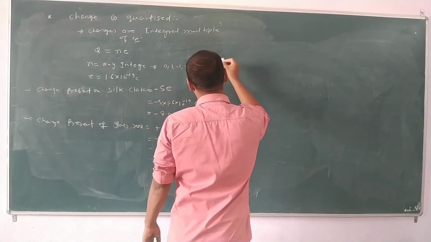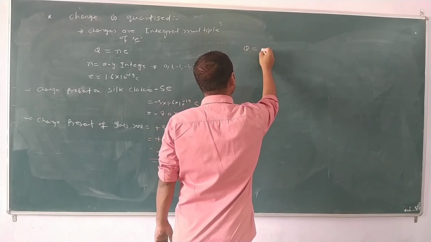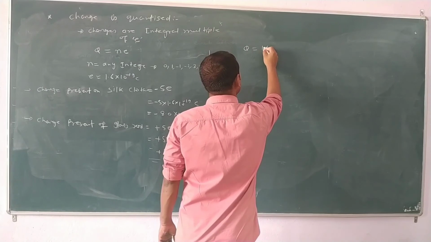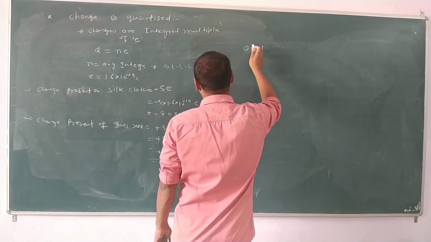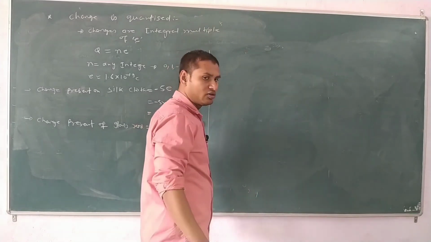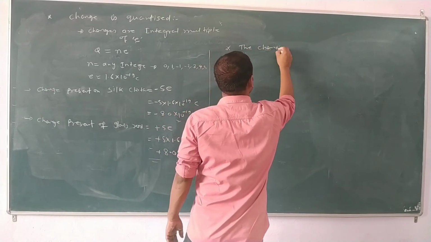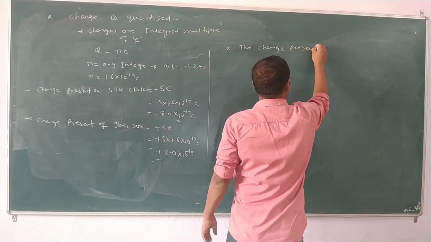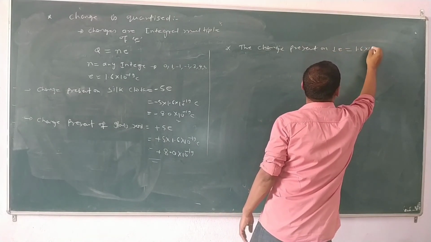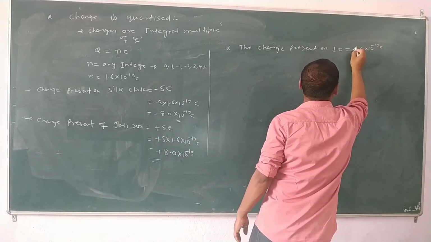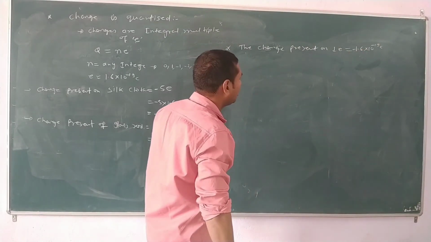So if anybody asks about a charge with a value of 1.65, you know that the charge present on one electron is 1.6 × 10^-19 coulomb, negative in nature, because it is an electron charge.